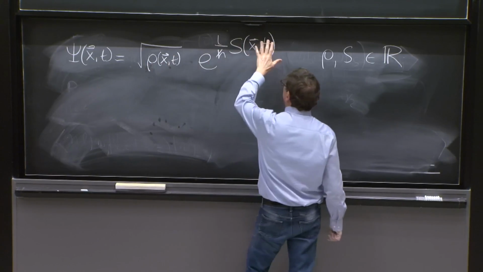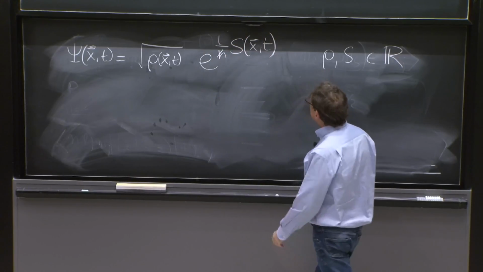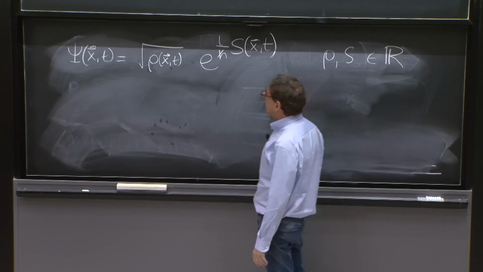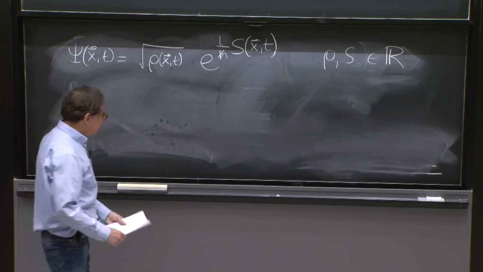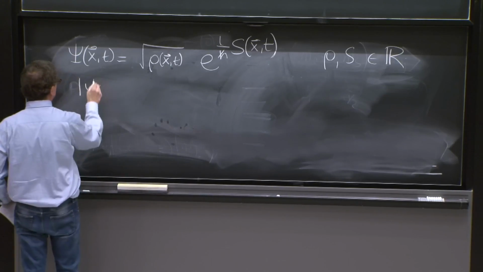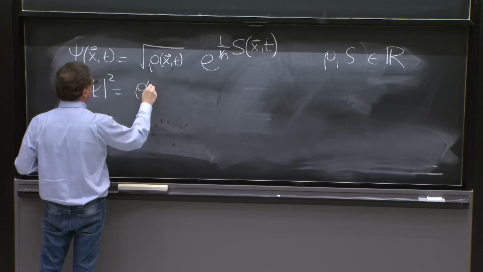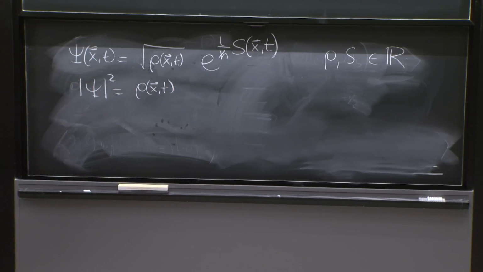This is a pure phase because it's an imaginary number times a real thing. S has units of h bar, or angular momentum. And indeed, psi squared is equal to rho of x and t.